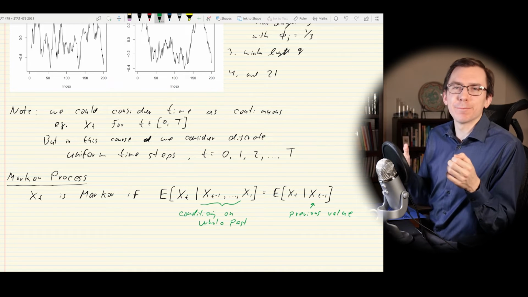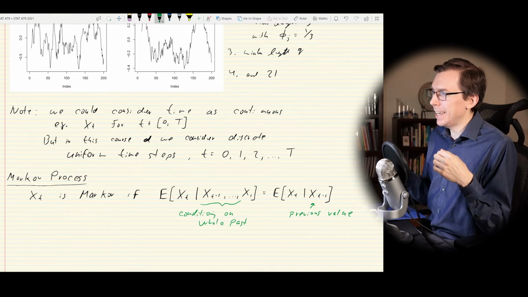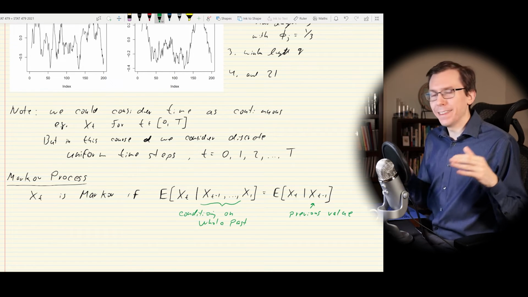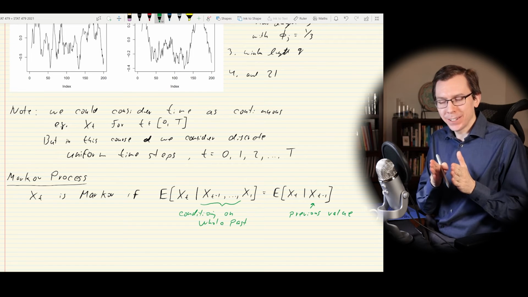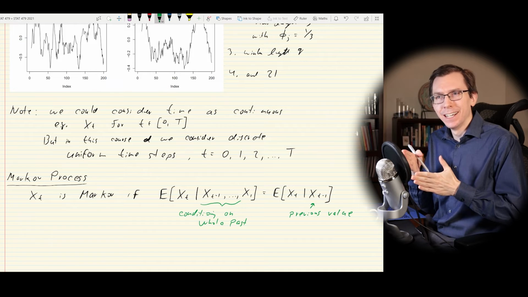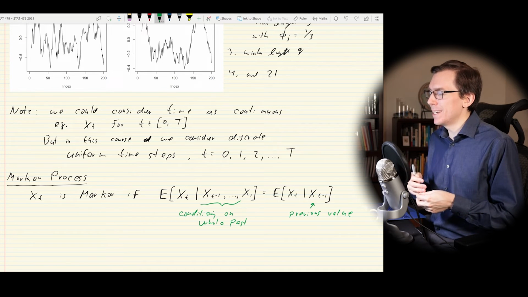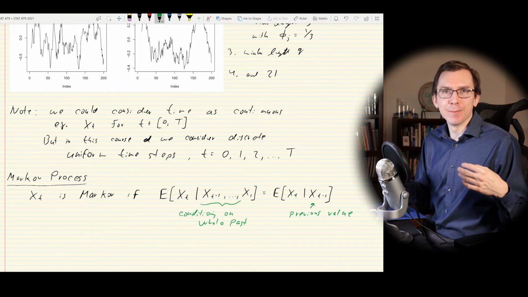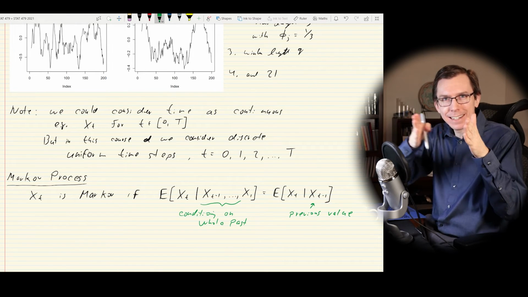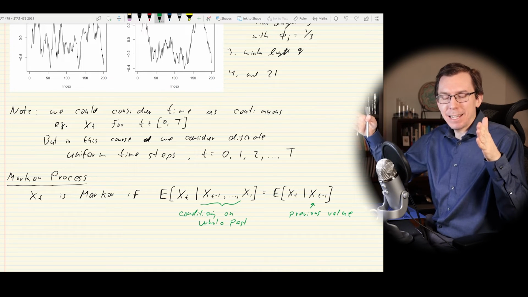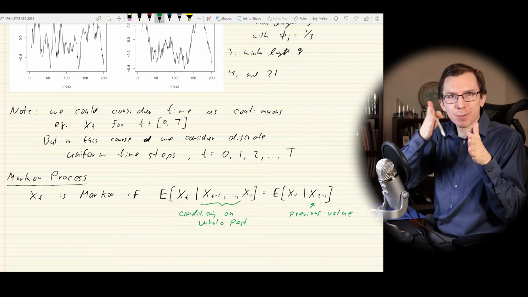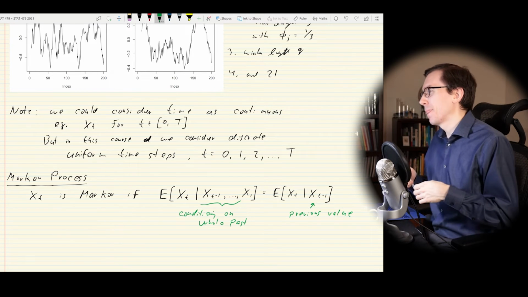This notion of a Markov process is important, because if we have a process xt that is Markov, then that means that the present value is only influenced in some sense by the previous value. If I'm going to take the expectation, which is what we think is going to happen at time t, given the entire history, it's the same as trying to predict or estimate what's happening at time t given just the previous time point.